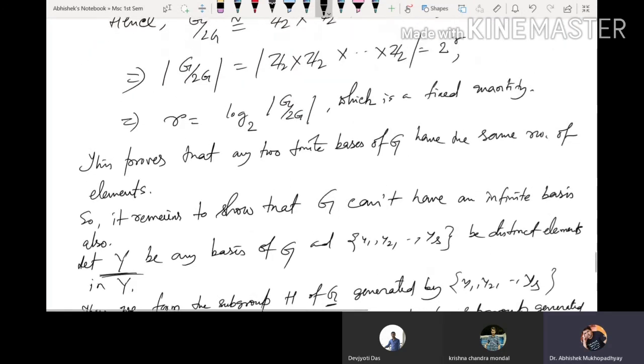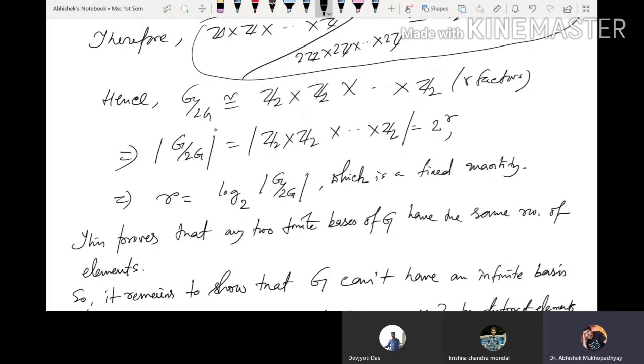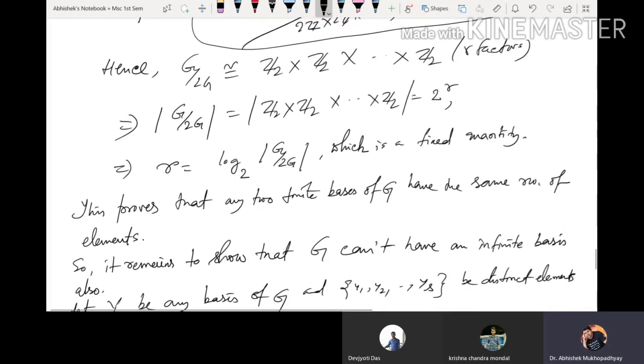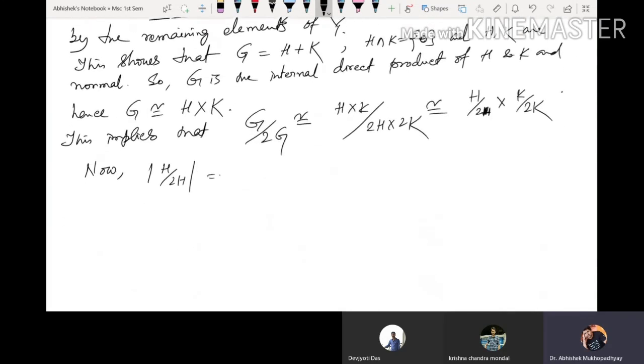So in the previous arguments, we have seen that if G be a non-zero abelian group having a finite basis having r many elements, then cardinality of G by 2G is 2 to the power r. So in that case also, cardinality of H by 2H, by the same arguments, we can say that it is 2 to the power s.